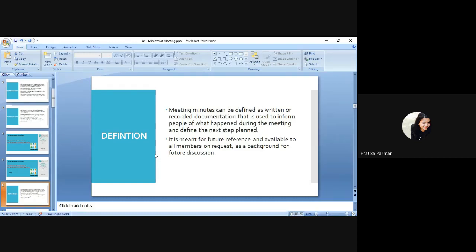Minutes of the meeting is meant for future reference also, the way I've given you the example, and available to all members on request as a background for future discussion. So let's say you're planning to have a series of meetings, then it is always a very helpful document to plan the upcoming meeting. So far, I believe this is clear to all. Okay.